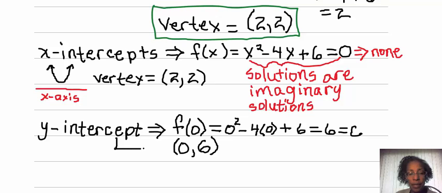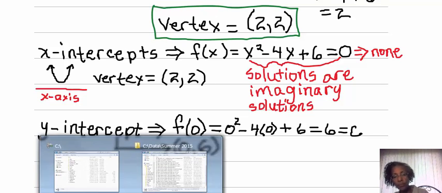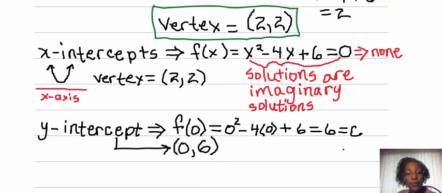So our y-intercept is the point (0, 6). And actually, since the y-intercept is different from the vertex, we have enough information to graph the function.